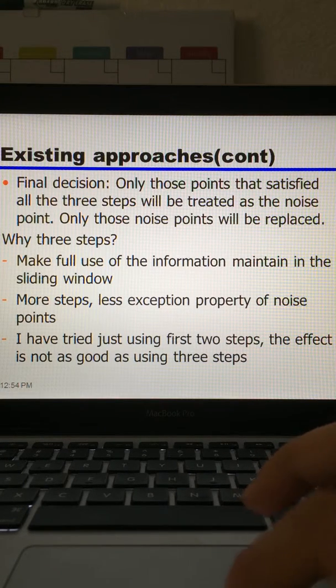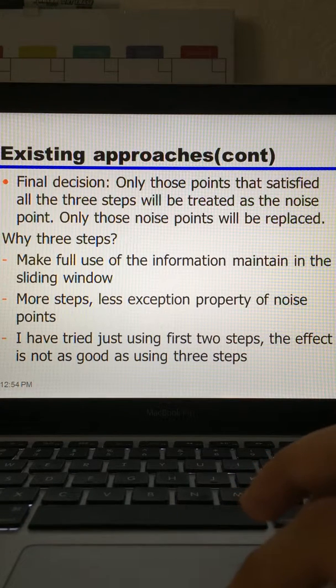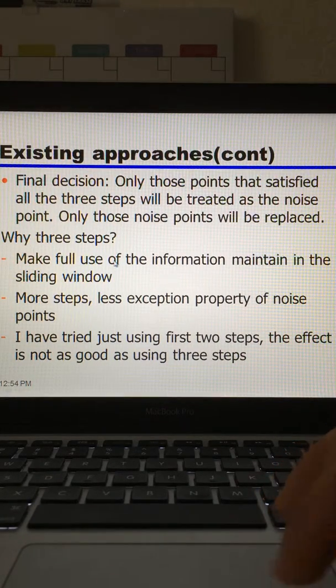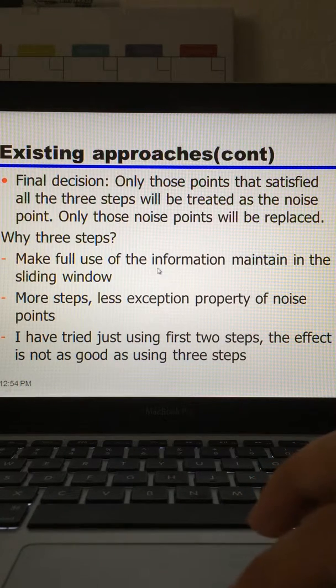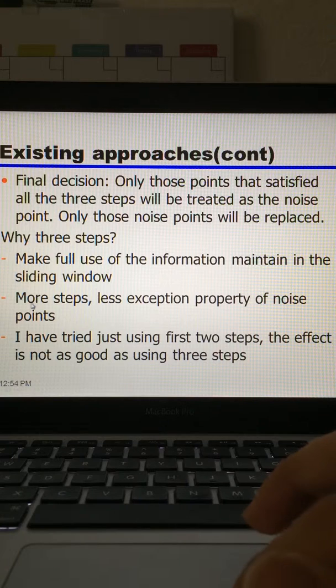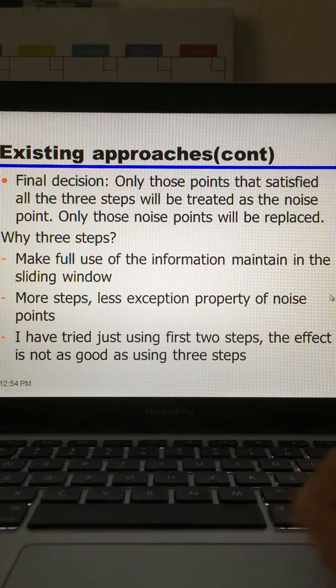And here I listed why I choose these steps. Besides, using three steps, you can make full use of the information maintained in a sliding window. If you use more steps, the last exception property will occur.